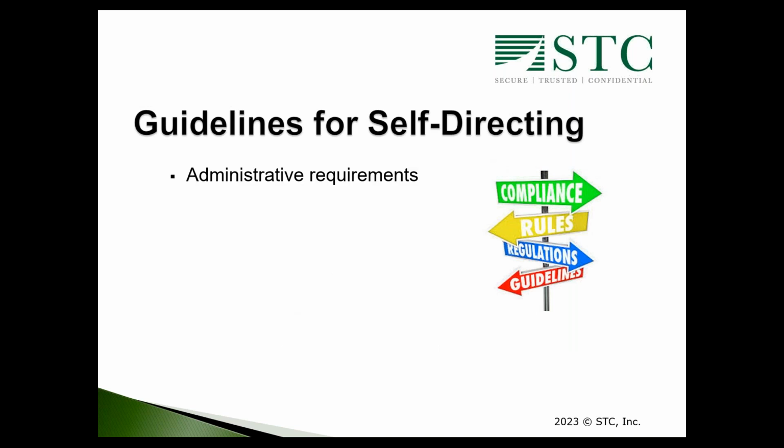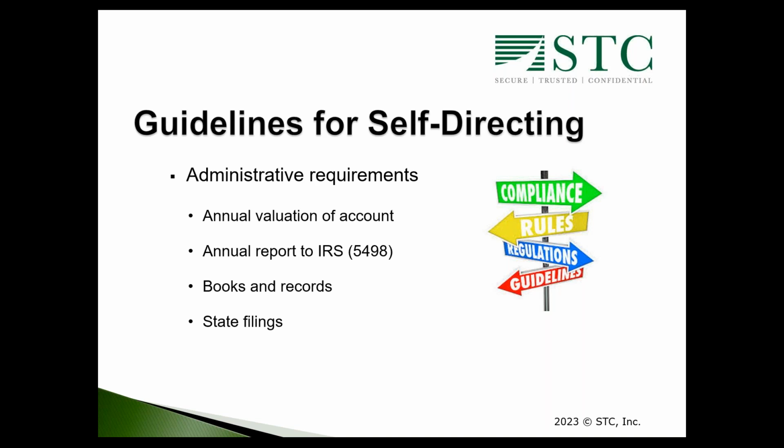Now, there are guidelines for all retirement account investing, not just self-directed, that must be followed. There are administrative requirements that have to be fulfilled. So every year, an annual valuation of your retirement account must be made. An annual report is submitted to the IRS. It's Form 5498. Books and records in detail of all of your transactions, earnings, expenses must be maintained.